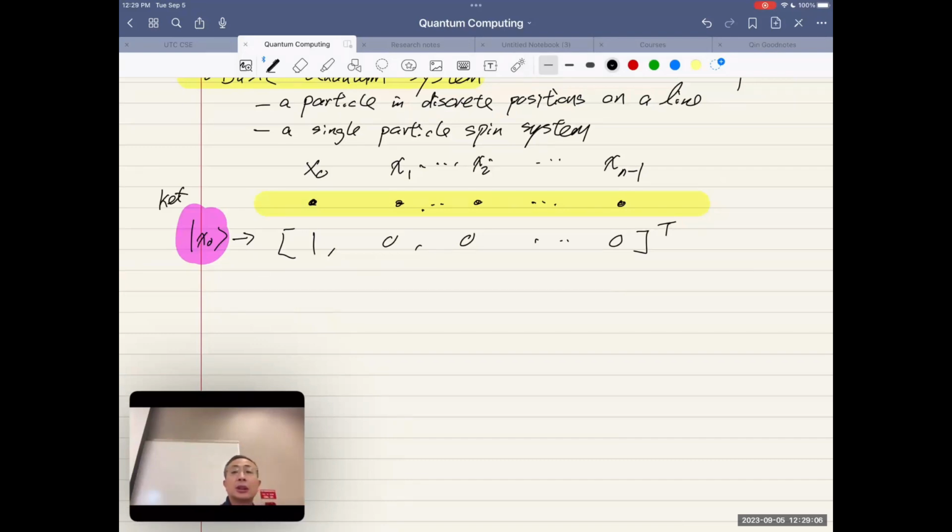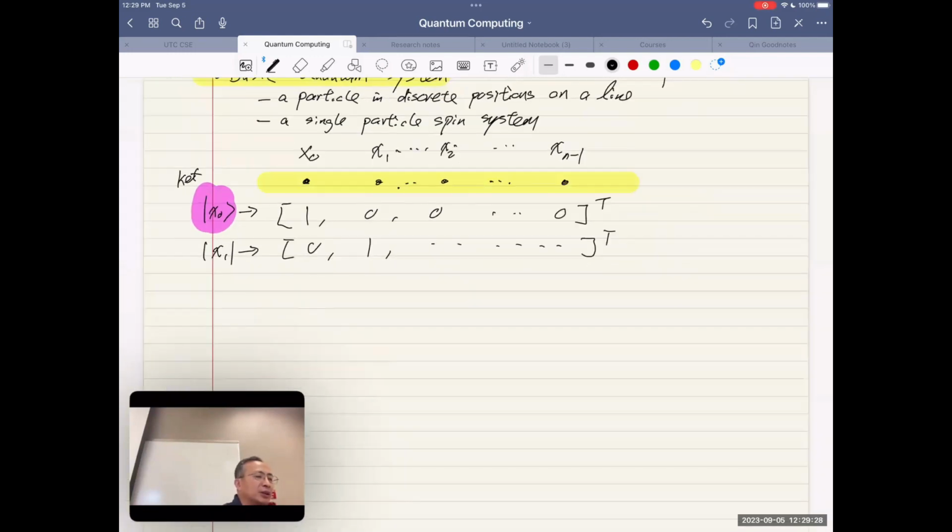So that's basically how we describe a state. And if it's in x1, it will be 0, 1, 0, 0. But this is just for each single state.